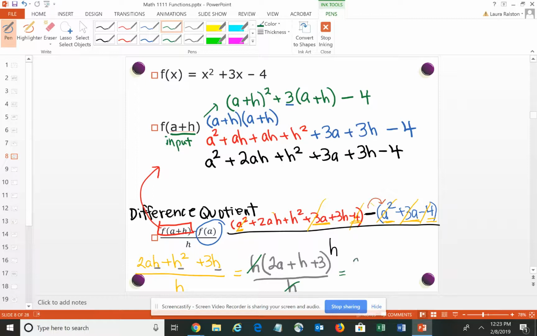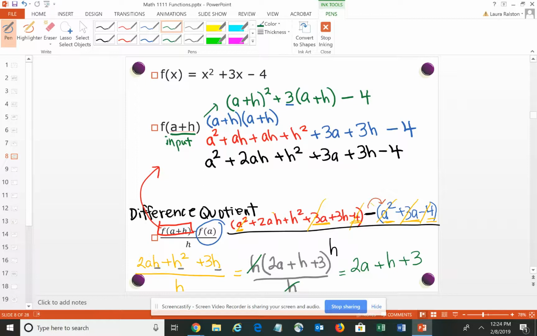And I'm left with 2a plus h plus 3. Now, if we were in a calculus class, we would then spend some time thinking about what happens to this particular equation as h gets larger and larger, or as h gets smaller and smaller.